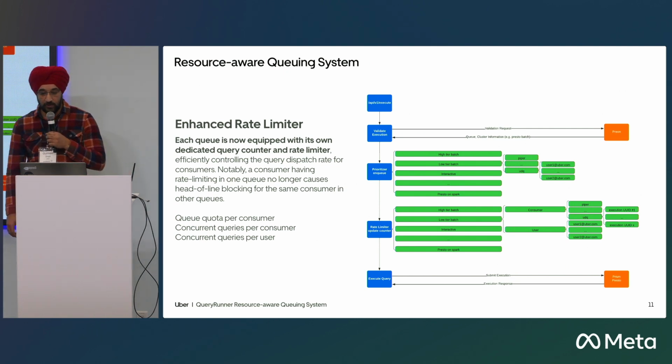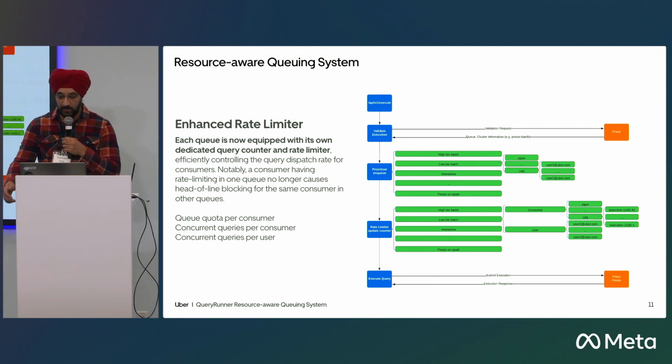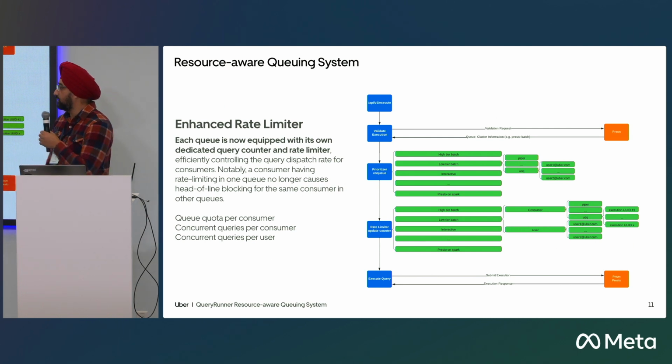And based on that cluster group, Query Runner internally creates a set of conceptual queues. And then it puts the queries in those particular queues.